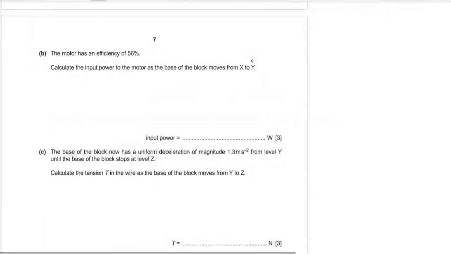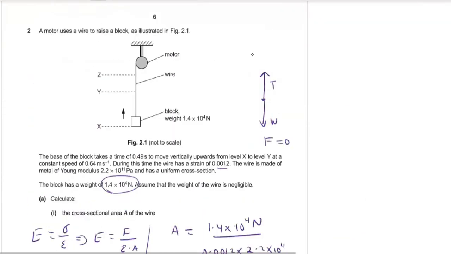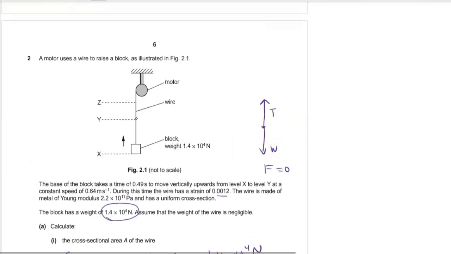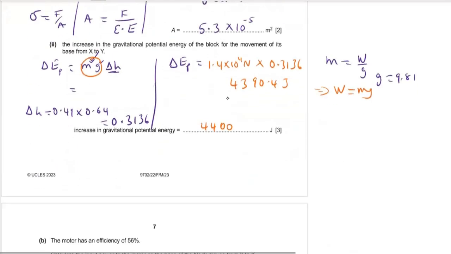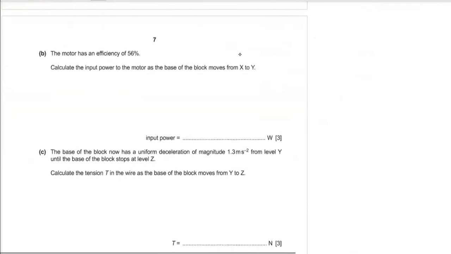The motor has an efficiency of 56%. Calculate the input power to the motor as the base of the block moves from X to Y. Now remember, by moving the block from X to Y, that is the useful work that is being done. And that useful work done is what you have calculated there, the increase in the gravitational potential energy, which is 4,400 joules.